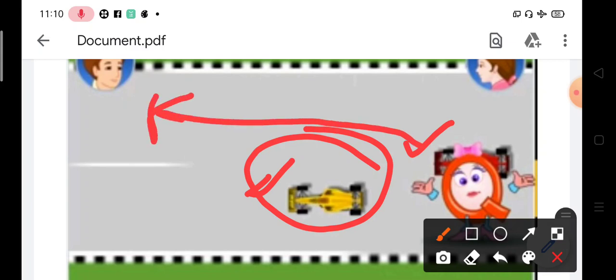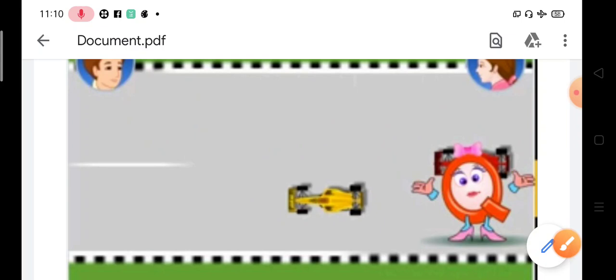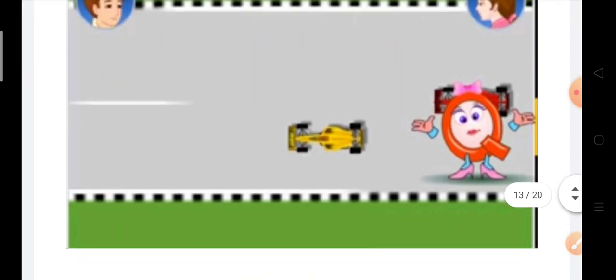The position of the car changes. From here it has reached this point. So the force is applied so that the object's position is changed. The effect of force is that there is a change in the speed of the object, due to which the position of the object changes.